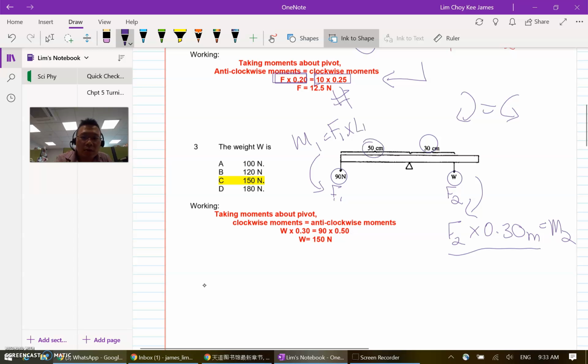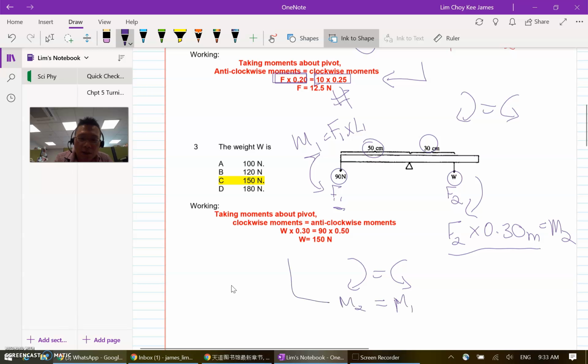So what you do is the same thing. Since they are in equilibrium, total clockwise will be equal to total anti-clockwise moment. So you will arrange the clockwise moment on the correct side and anti-clockwise on the other side. For anti-clockwise moment, you are looking at M1 to be exact. So M1 will be here, M2 will be on the left side.